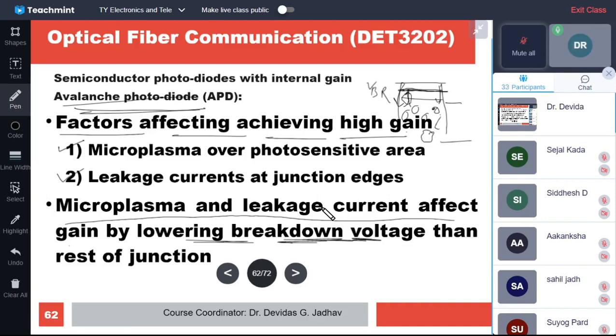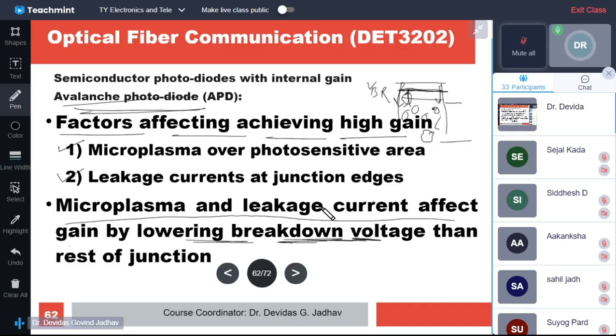So in the detector operation we do not want the reverse breakdown, and this microplasma and leakage current lead the device towards the reverse breakdown. Leakage current also supports the reverse breakdown, and the microplasma, which is the highly conducting area created in between the regions, also provides high conductivity and supports the breakdown.